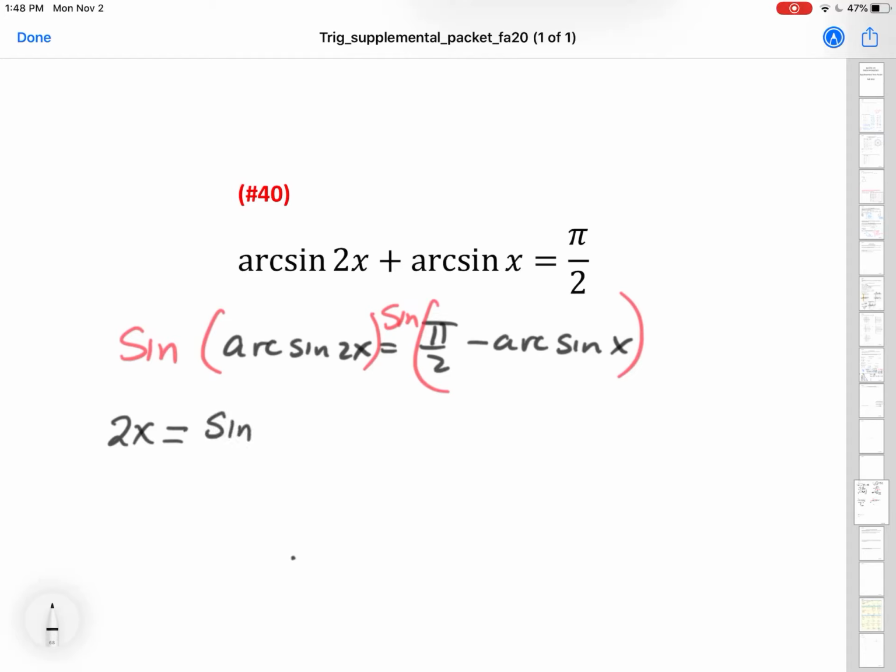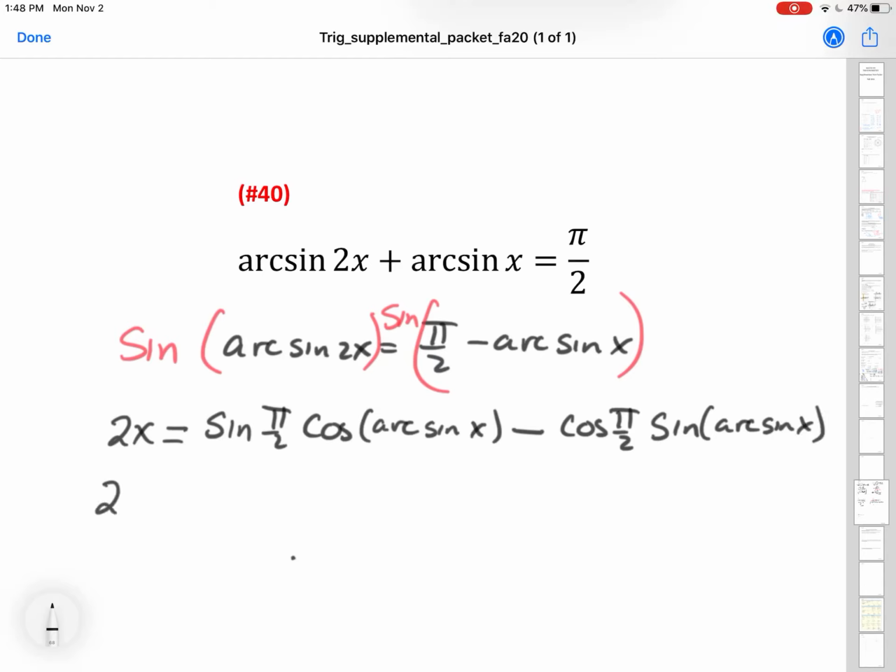So we know what that is. That's sine of the first, cosine of the second, minus cosine of the first, sine of the second.